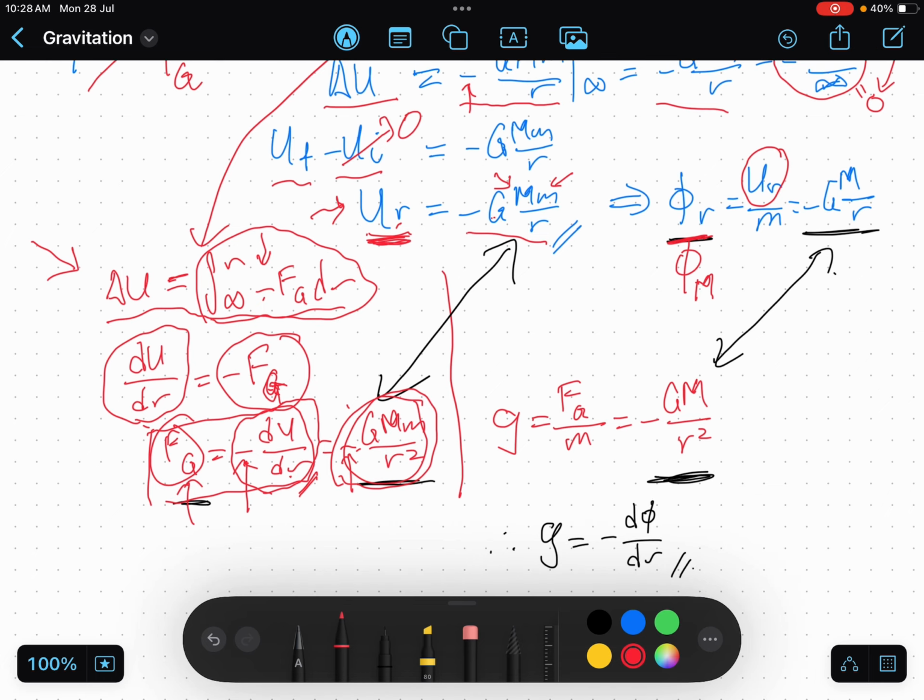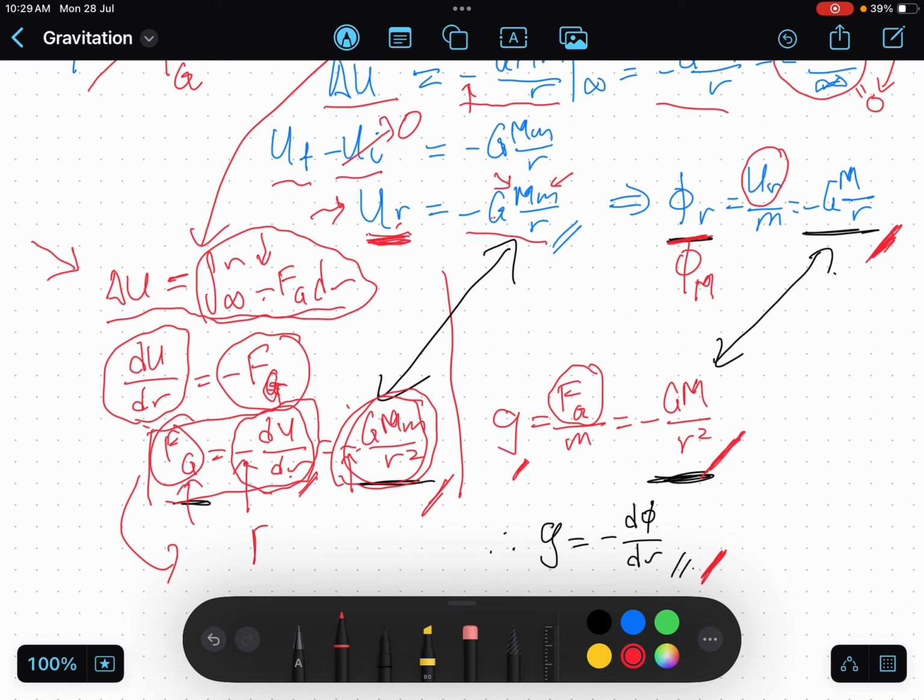So why did I show you this part is because small g is a proxy for gravitational force. So if I want to find small g from this value, I can just take the gravitational force of planet Earth, in this case capital M, divided by small m. I'm left with minus GM over R squared. And if you look at this and this, you realize the relationship between this and this is actually this, which is the same as this one.